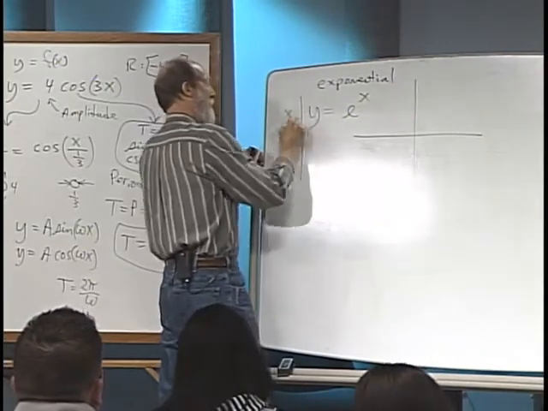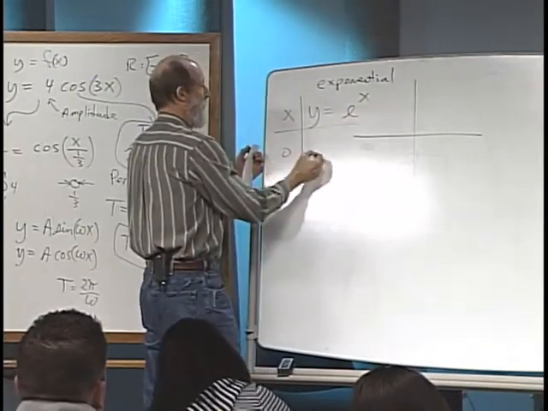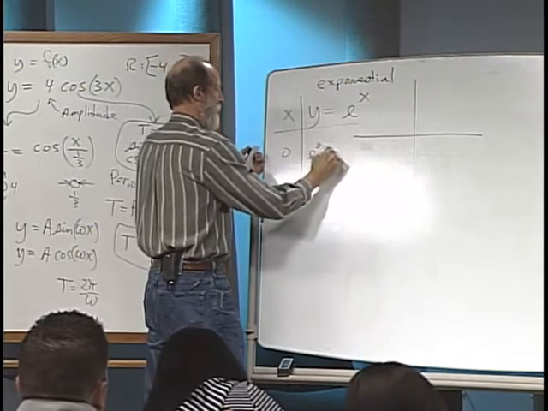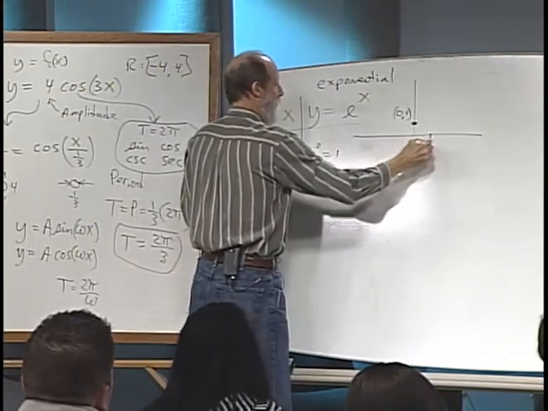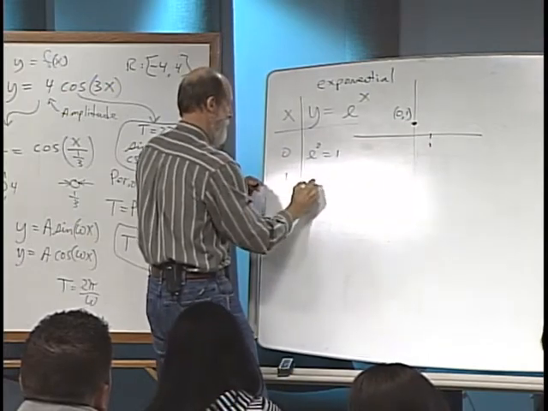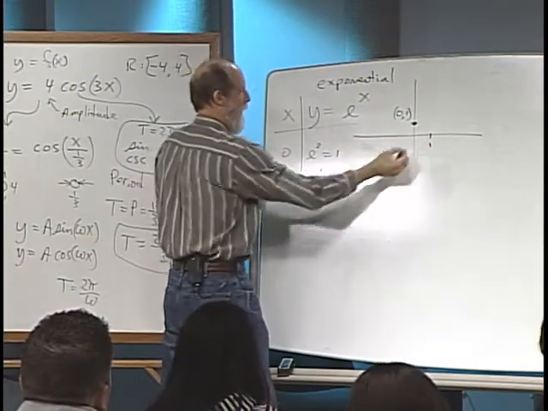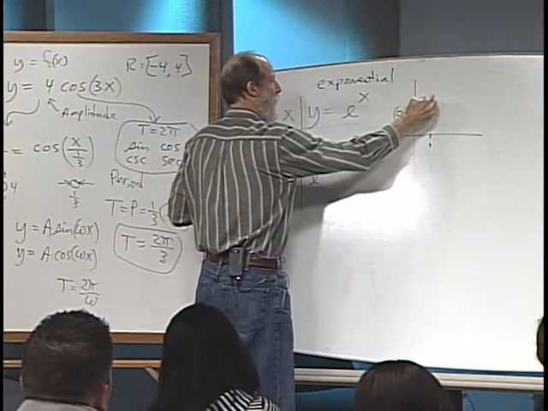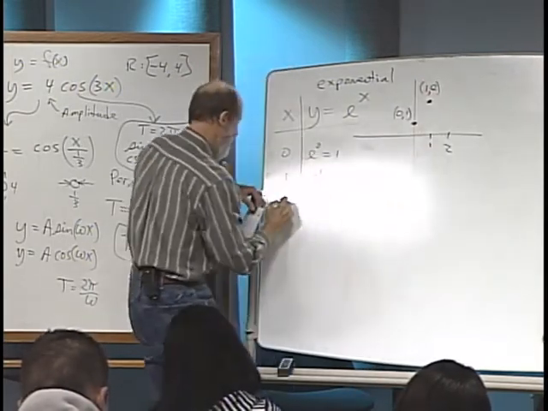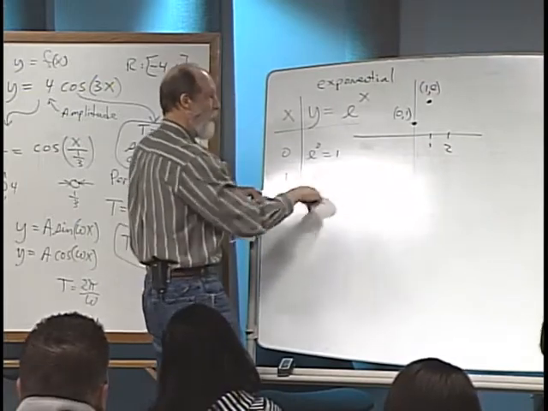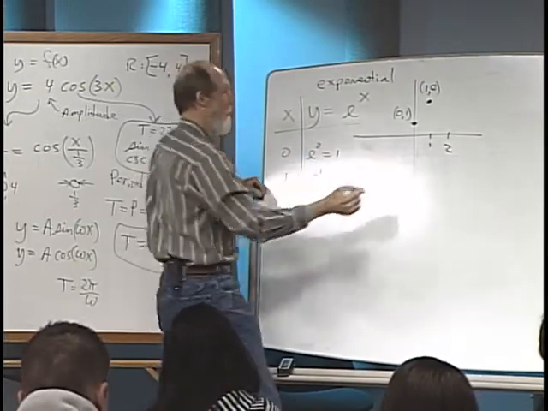If you ever get rusty on these, which it seems like you are, plot some points. If you come over here to 1, e to the 1 is the value e. If you get to 2, it's e squared, e times e, growing as a multiple of the base.